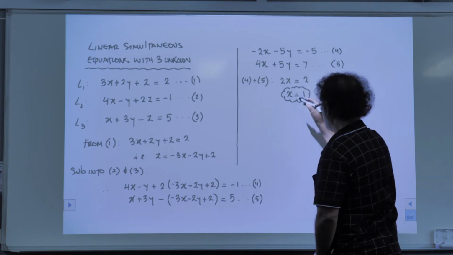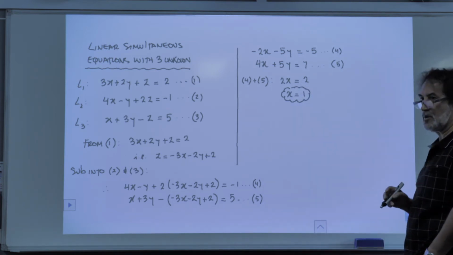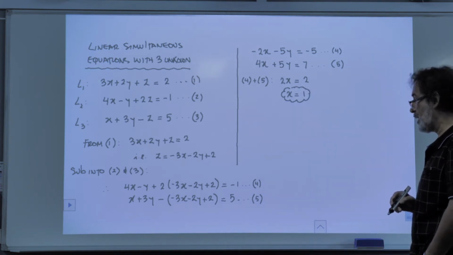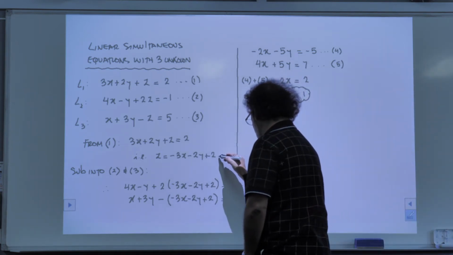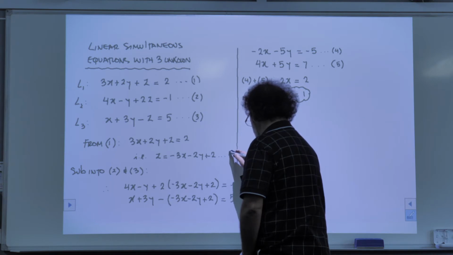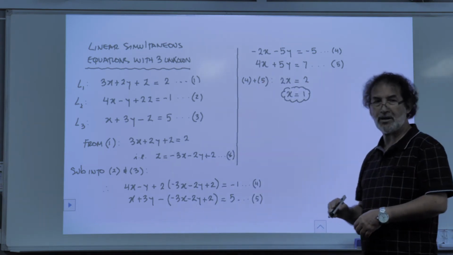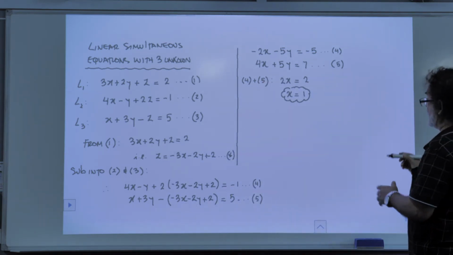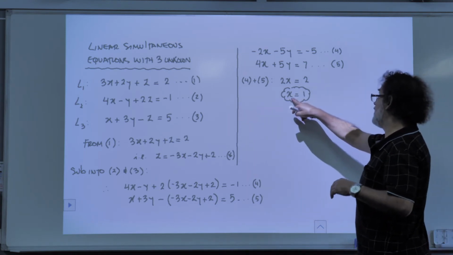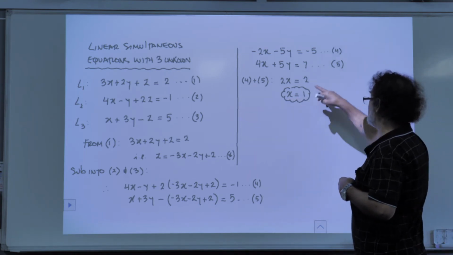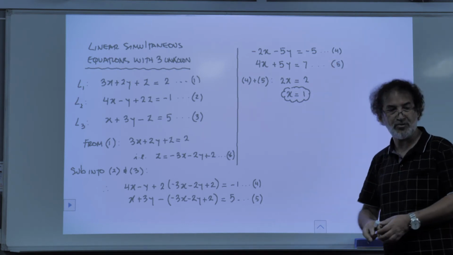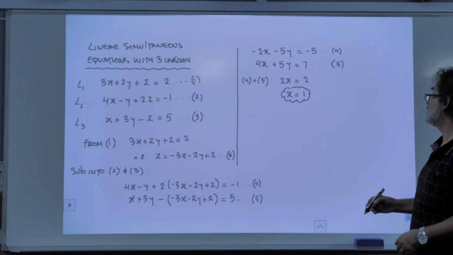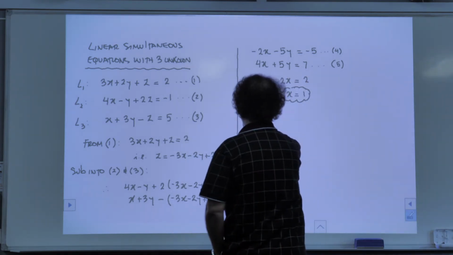Right. Okay? And I'm going to call this equation here asterisk. Okay, and then we're going to come back to that one. Okay, so we have the answer for x. Now we're going to find the answer for y by substituting x equals 1 into any of these 2 equations. Which one do you want to choose? 5. Right, so I'm going to say from 5.